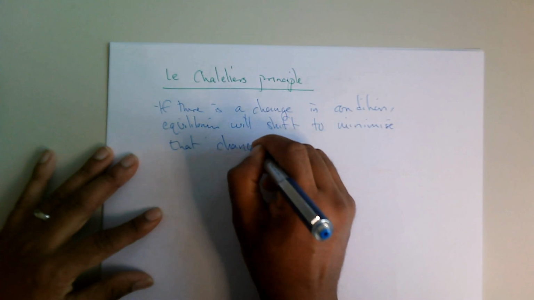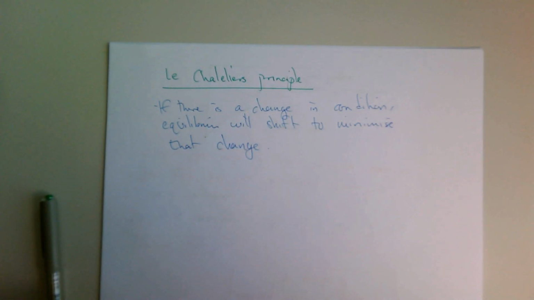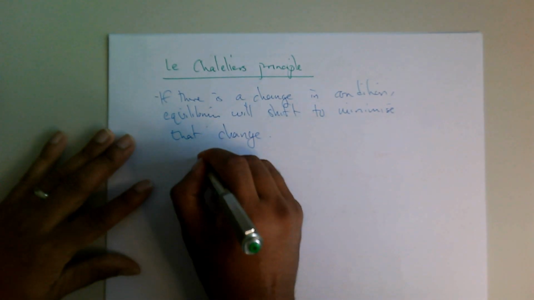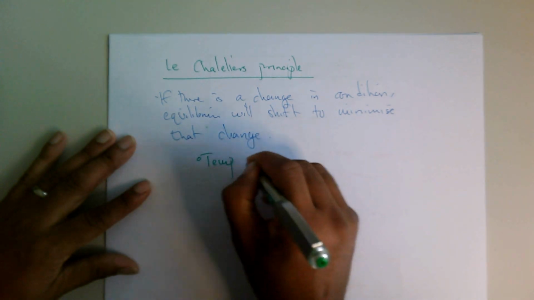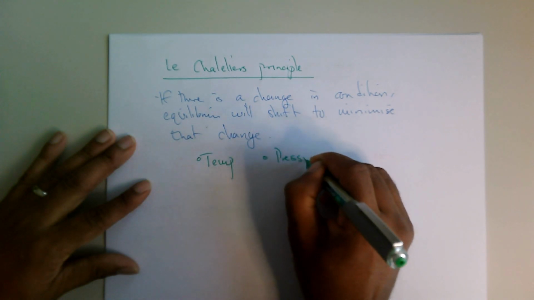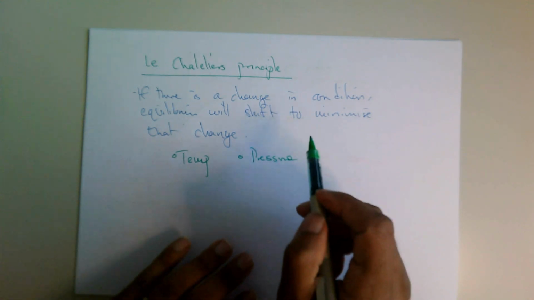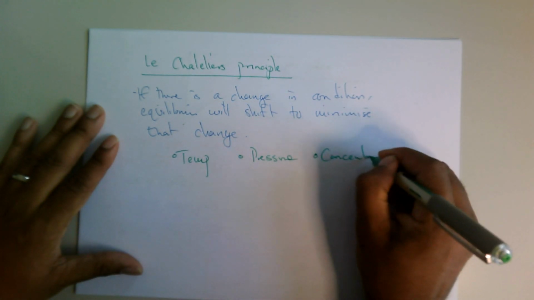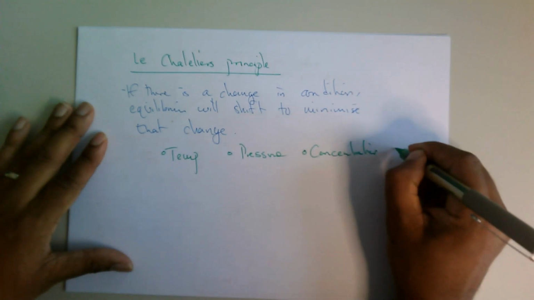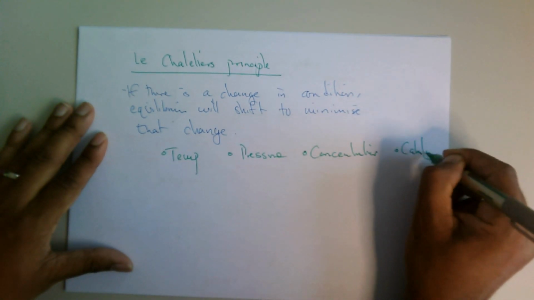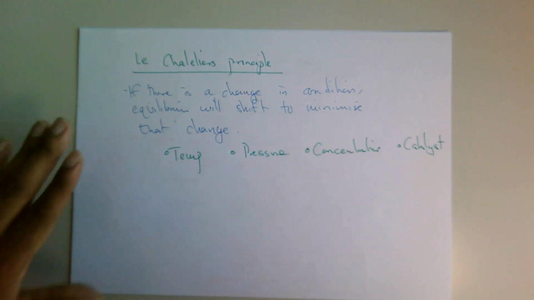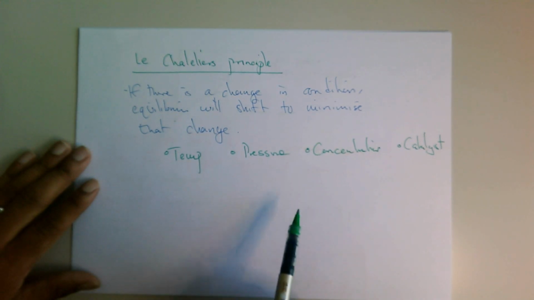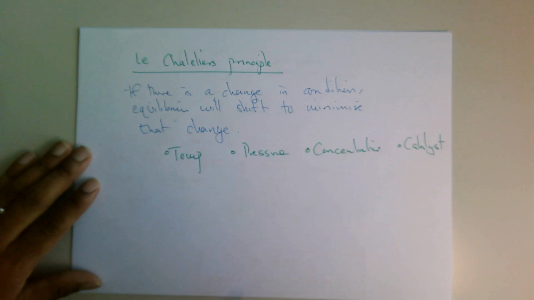Okay, so the main things we need to be aware of are temperature, pressure, concentration, and catalyst. Those are your four variables that you can change, which will change the position of equilibrium.